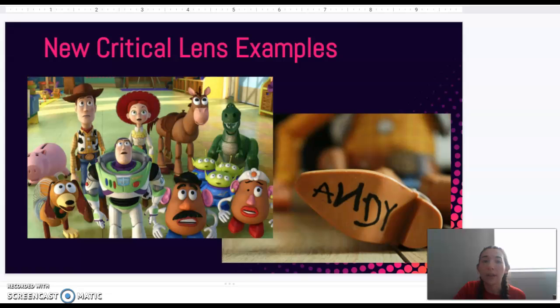This is all interconnected and interwoven through the depiction, animation, and creation of the plot line for Toy Story.